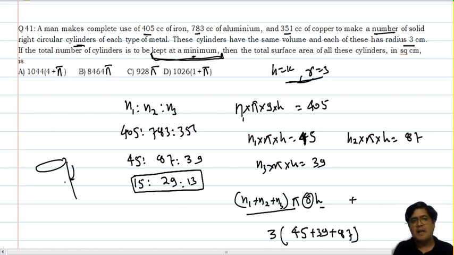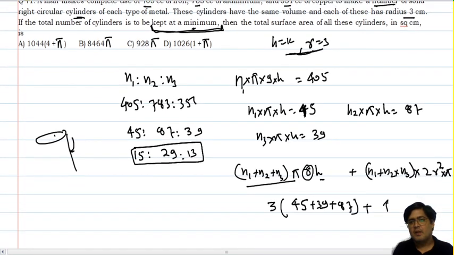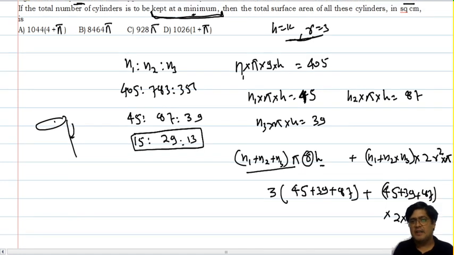Now, what will be the upper and the lower part, circular part? It will be N1 plus N2 plus N3 into 2r square into pi. Why? The upper and lower parts are circles, 2 pi r square, and this many are there. So again I will have 45 plus 39 plus 87 multiplied by 2 r square into pi. Now if you rearrange these values, your answer is ready here.